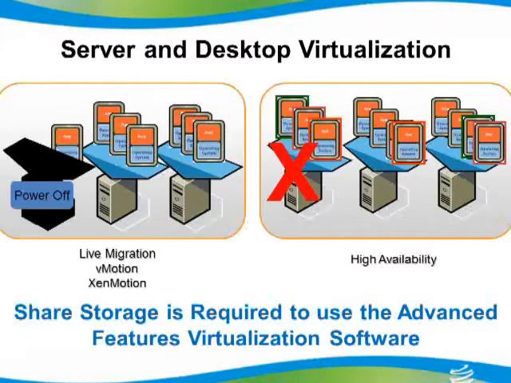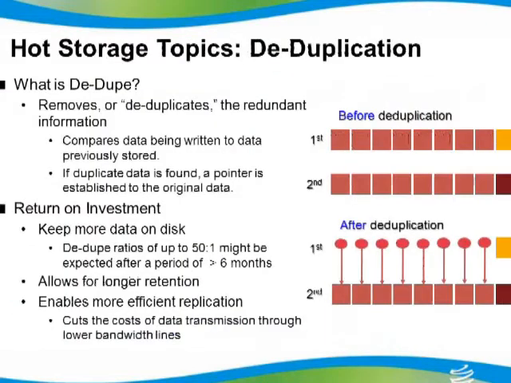This can only happen because our virtual machines are just files that exist on some type of shared storage. I've only listed two topics here as far as virtualization and shared storage are concerned, but to do anything of great interest with that software, you need to have shared storage in place in order to take advantage of it. So I'm going to go through some hot topics found within current storage technology.